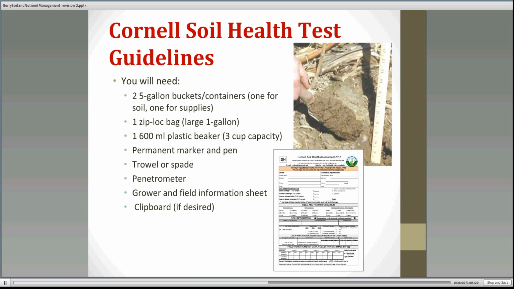You want a soil penetrometer, a grower and field information sheet, and a clipboard to hold that information on. And so this right here is an example of that soil health field information sheet that you'll be filling out.